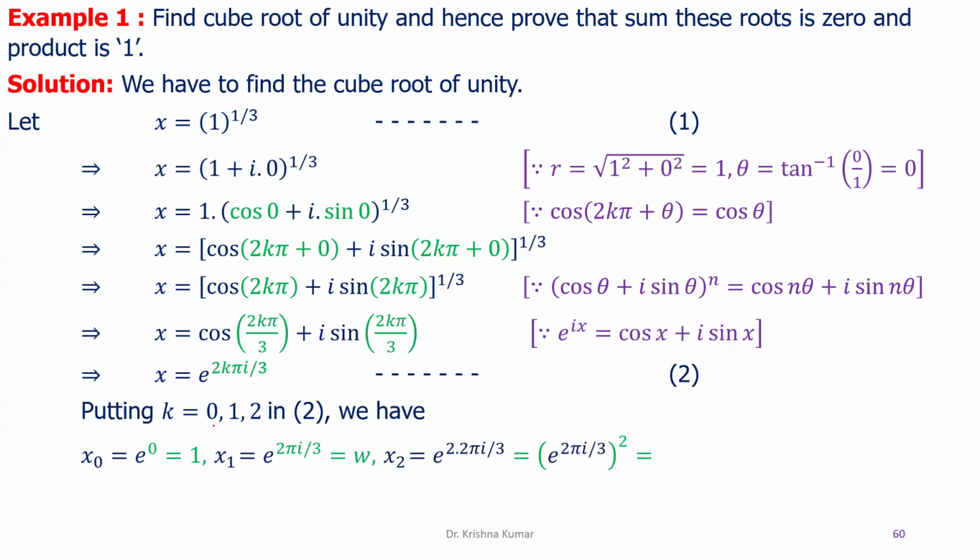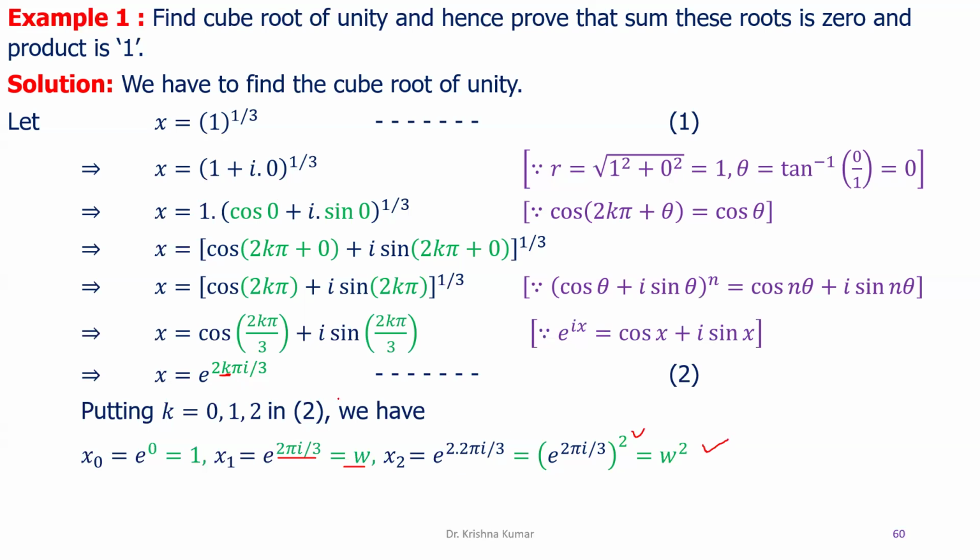Similarly, if you put k equal to 1, we get e to the power 2 pi i upon 3. Let us consider this as omega. Similarly, for x2, let us put k equal to 2, so this is 2 multiplied by 2 pi i upon 3. It can be written as (e to the power 2 pi i upon 3) whole square, which is omega square.